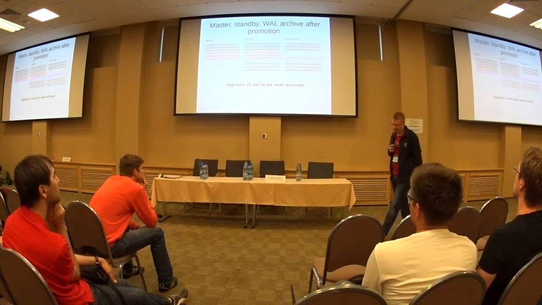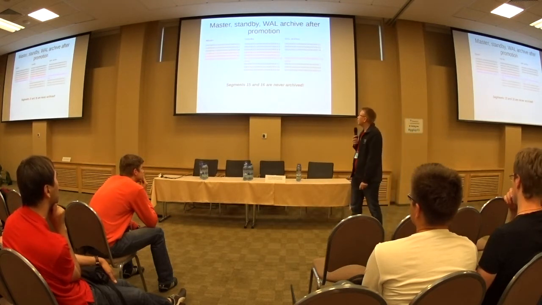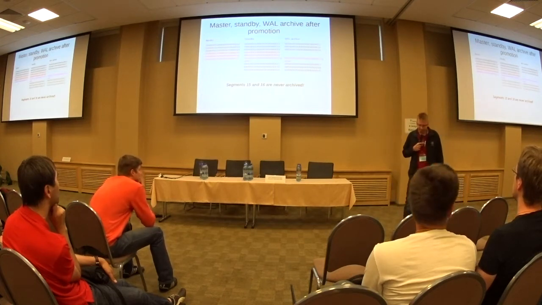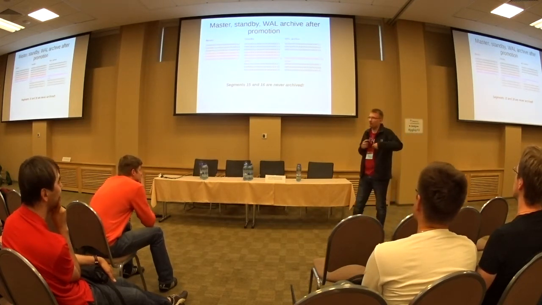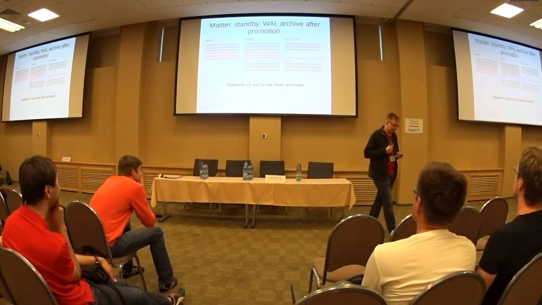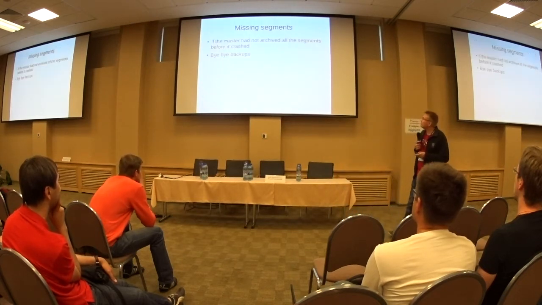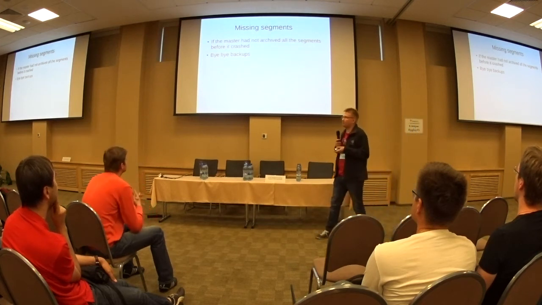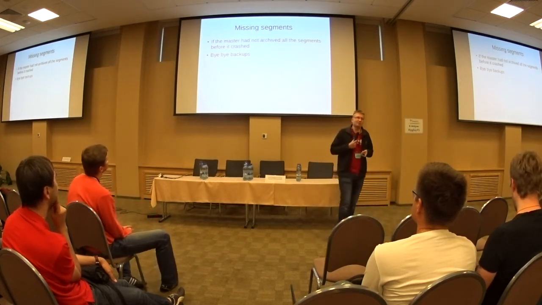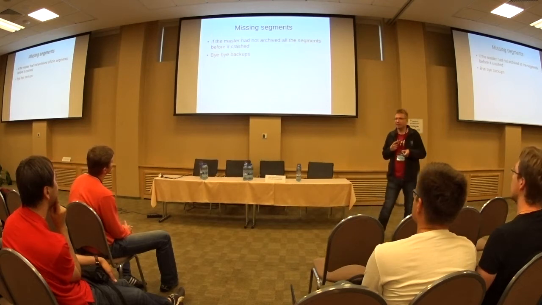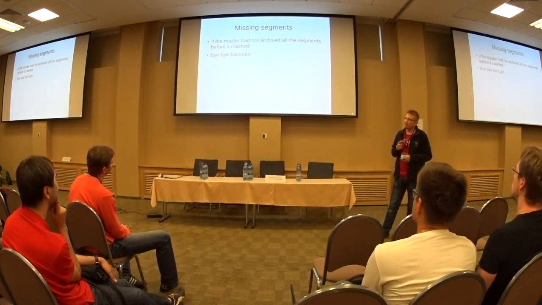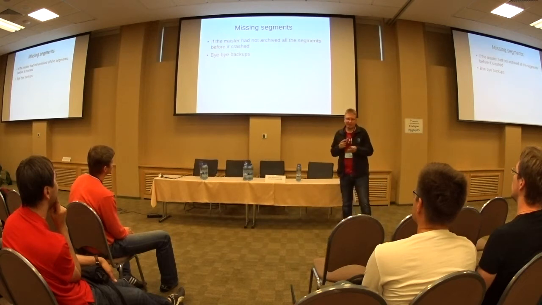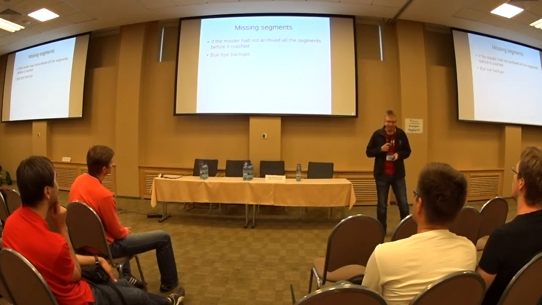You're missing segments 15 and 16, and that's bad. That's the whole point of archiving, that you make sure that you don't miss any files, and now you do. So after that happens, you can't do point-in-time recovery with this archive anymore. You won't get past that gap. So yeah, everyone who's running this setup, you probably have this problem.